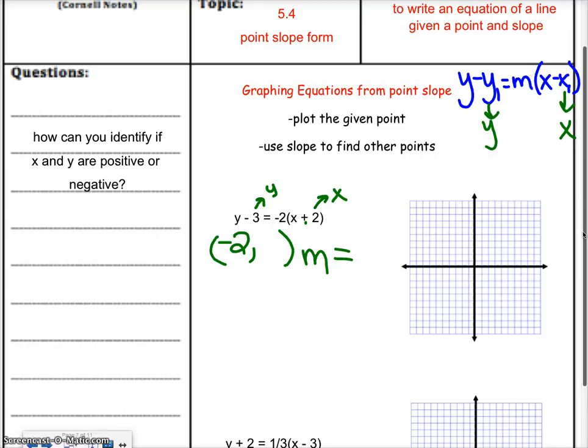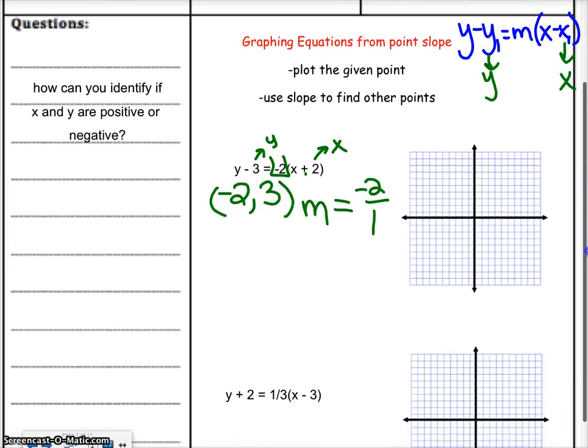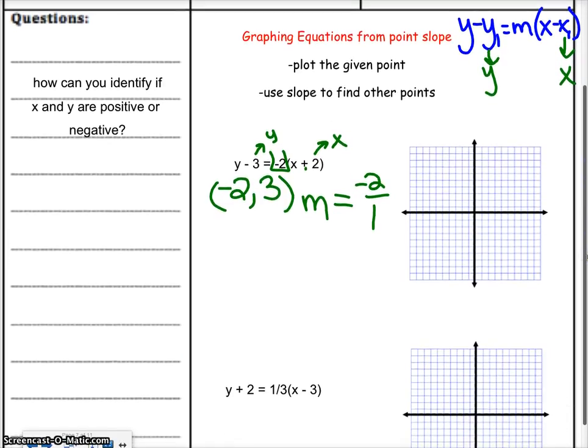And that's going to take a while to get used to. Really just reference your notes. And it is minus, so that means my value is positive. So my y is 3. My slope is negative 2 over 1. It's really easy to graph once you get to this. The hard part is picking the point out. And trust me, I get it. It's hard. It can be very tricky.